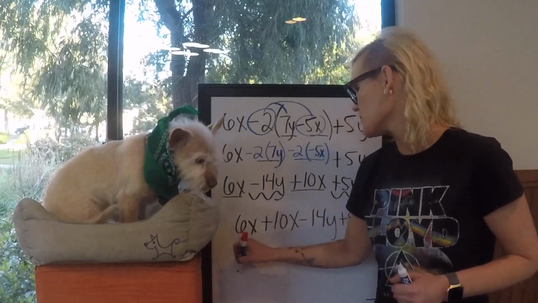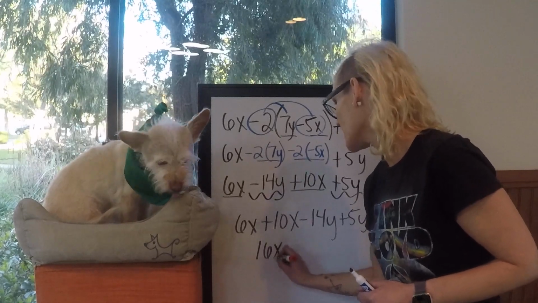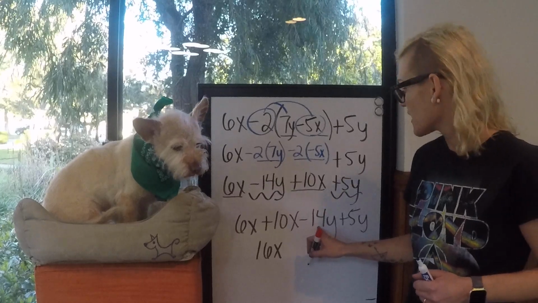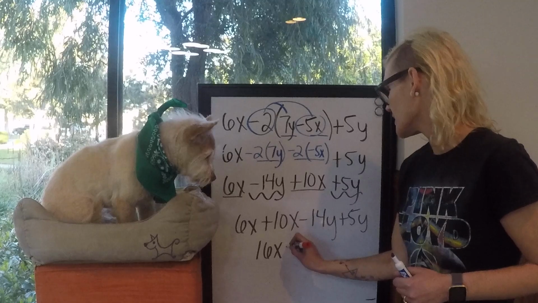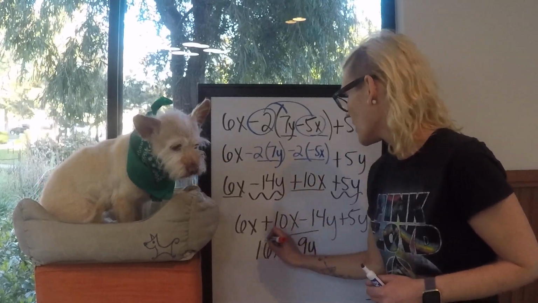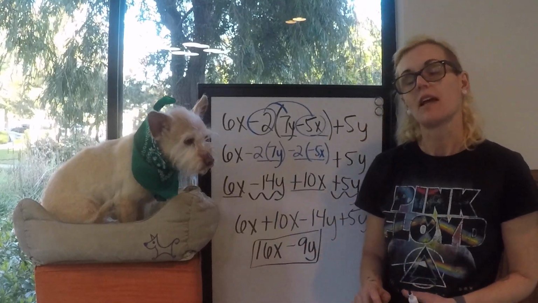Well, I have 6 of them here and 10 of them here, so altogether I have 16 x's. How many y's do I have? Well, I have negative 14 over here, and I have 5 over here, so altogether I have negative 9 of them. So our final answer is 16x minus 9y.